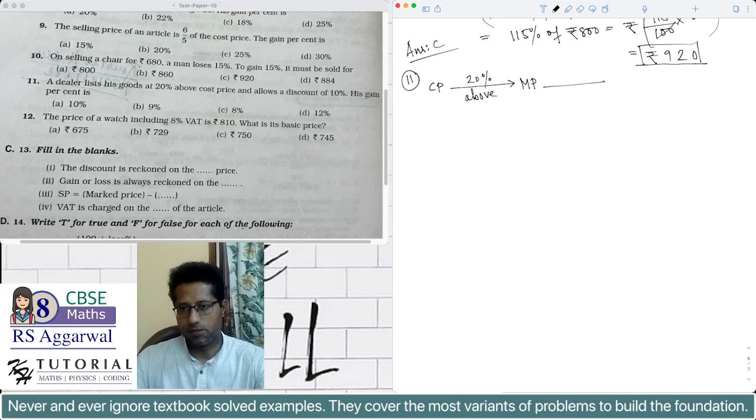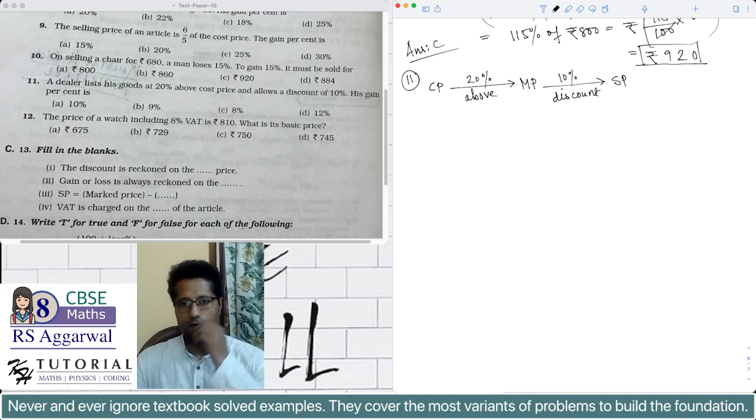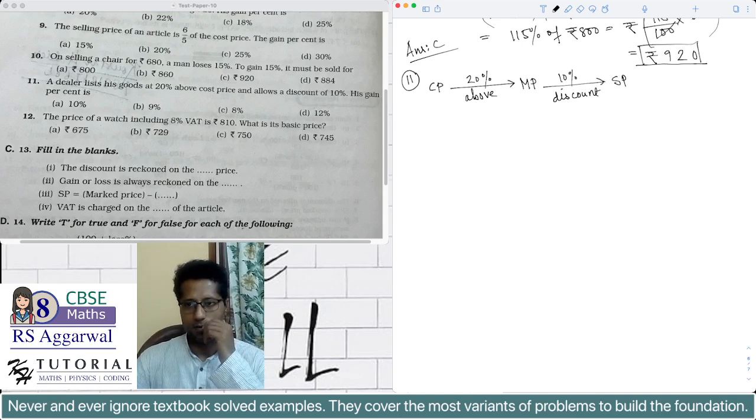and from the mark price there is again a discount of 10%, and finally we get the selling price. Now we have to find the gain percent based on obviously the selling price and cost price.